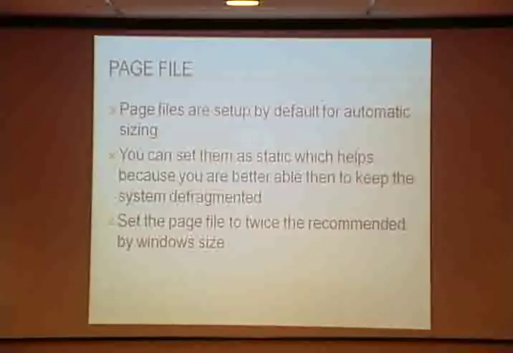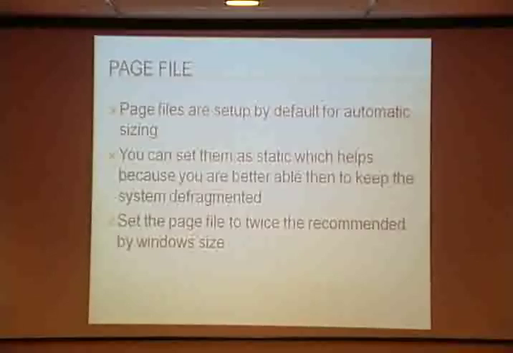So, the page file or virtual memory, like we were talking about before, are set up by default in Vista and in all flavors of Windows for automatic sizing. It's not something that you're going to have to go in there and set. But if you do go in there and set it as a static page file, it does perform a fair amount better than an automatic sizing one.